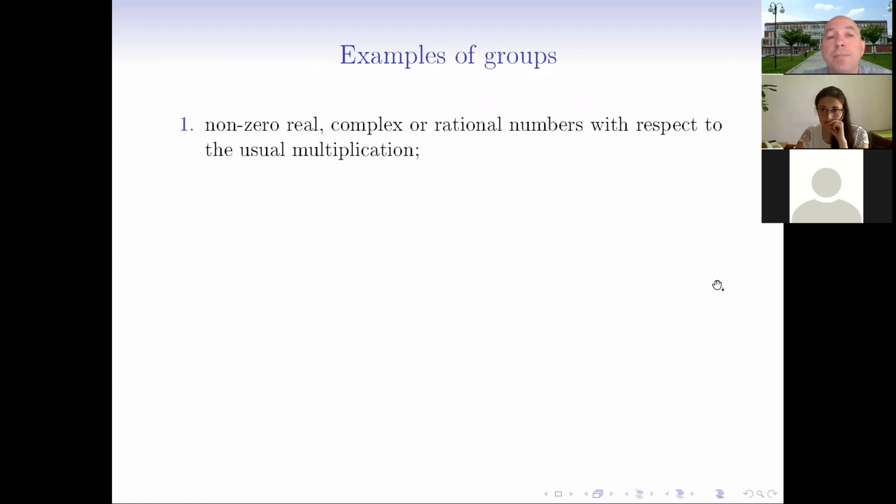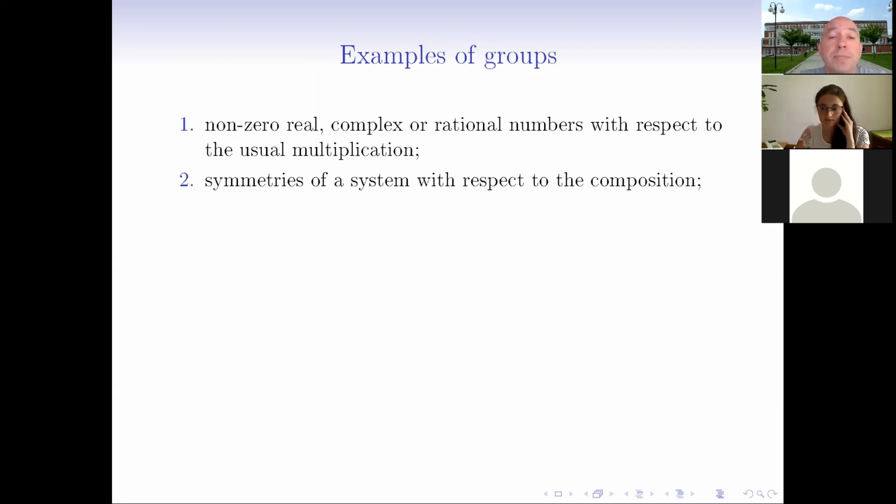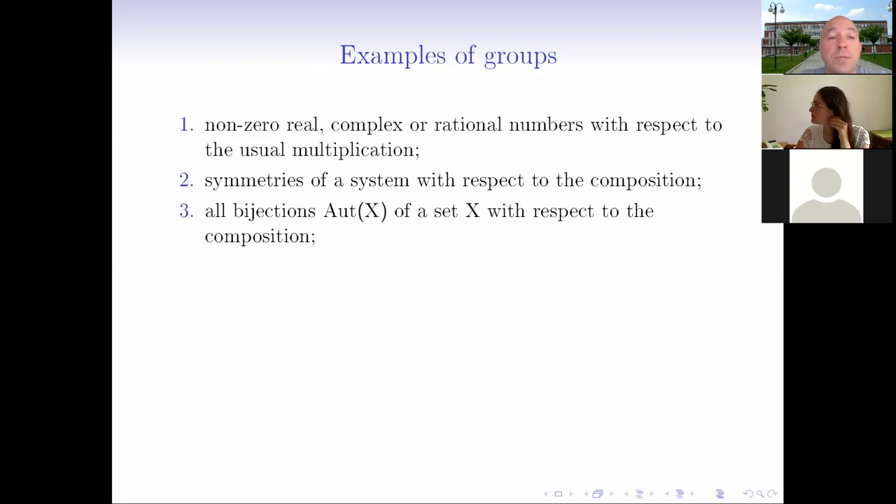So let me give examples, and today's lecture will consist of a lot of examples. So first of all, non-zero real, complex or rational numbers with respect to usual multiplication of numbers. Second, symmetries of some system with respect to the composition of transformations. All bijections, which are called automorphisms of a set X, with respect to the composition.